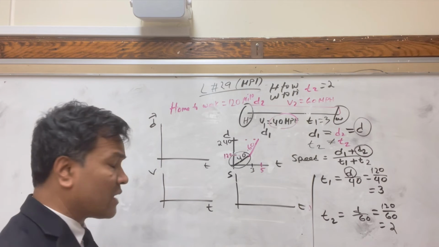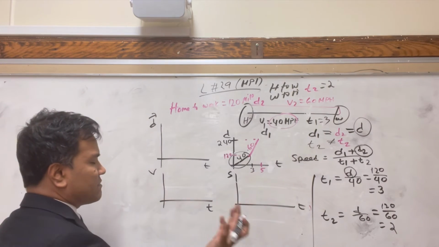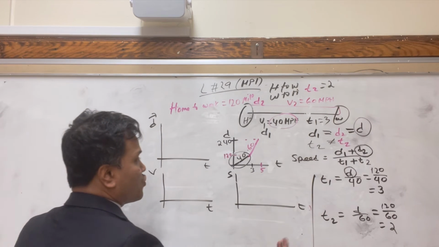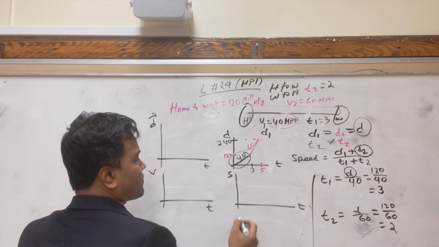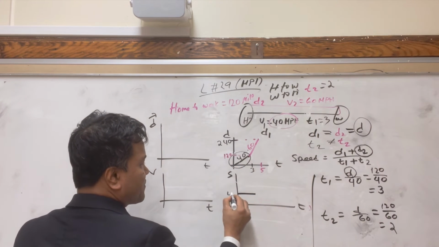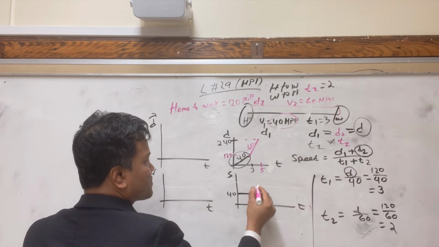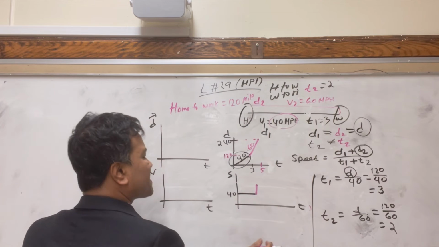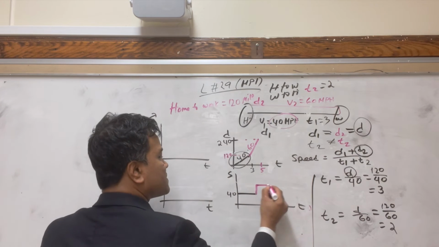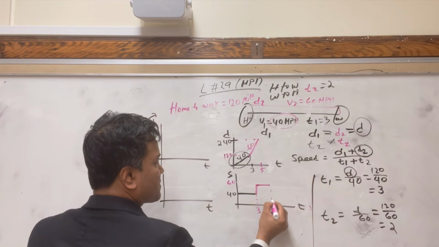We cannot use calculus, so we are doing it by intuition. The slope is 40, so the diagonal line becomes a horizontal line at 40, and then this is steeper, so it's a horizontal line a little bit above, which is 60. This is 3 and this is 5.